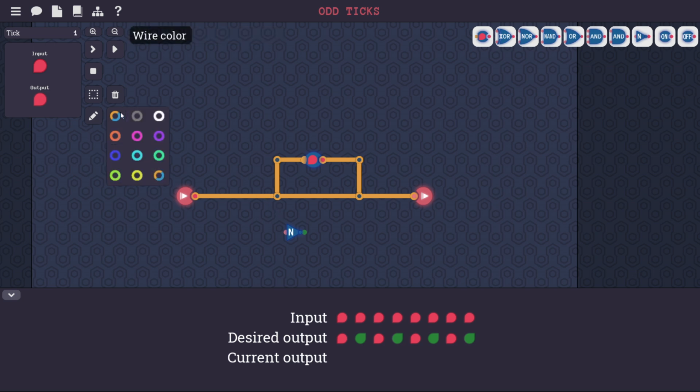Okay, so our first tick, everything is off. Our next tick, our desired output should be on.